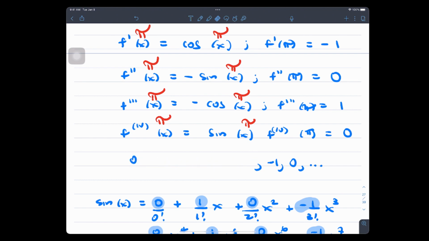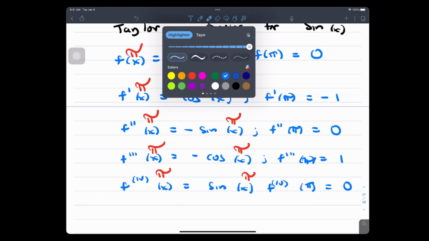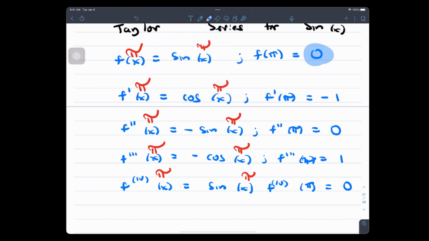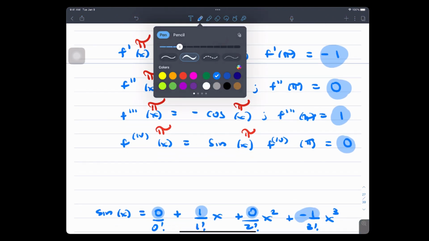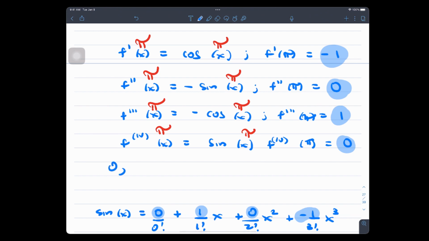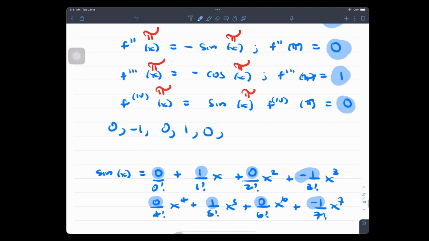So the point I want to make is that sequence now is there. It's very similar, but it's 0, -1, 0, 1, and 0. Is that right? It's a similar sequence. So I kind of write that down. You go, oh, okay. 0, -1, 0, +1, and then 0, it's going to repeat. 0, -1, 0, 1, 0, -1, 0, 1.